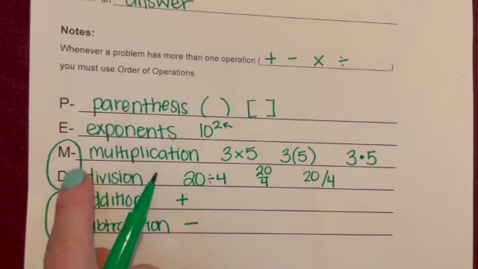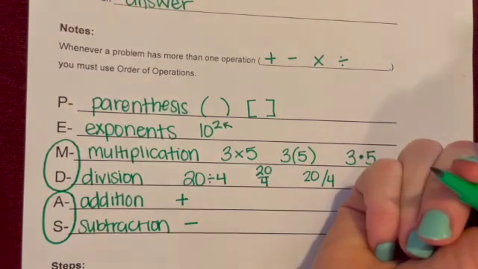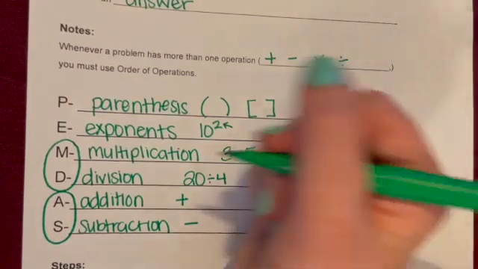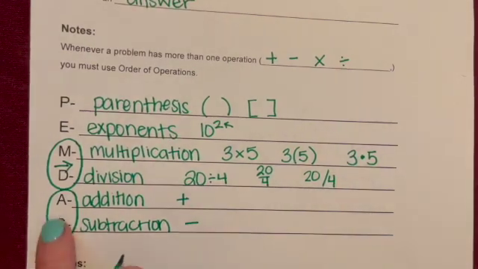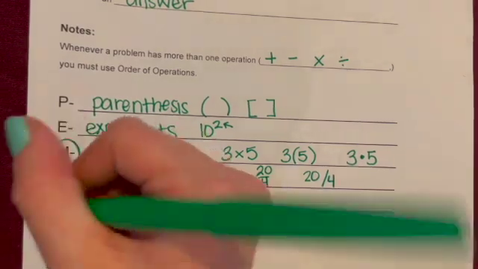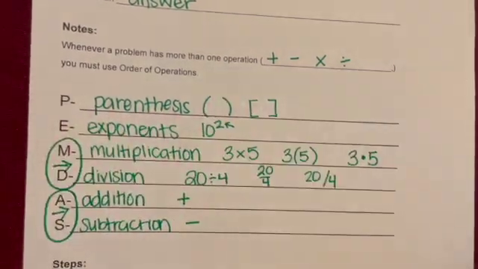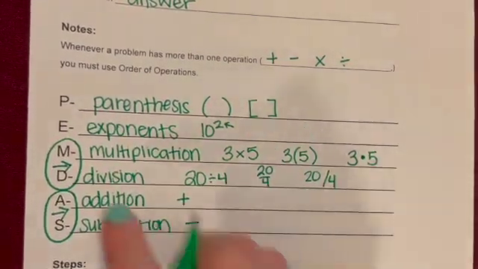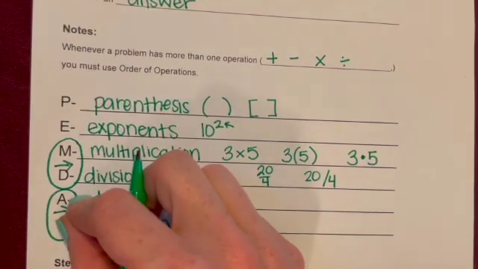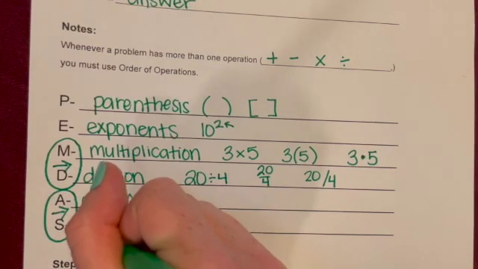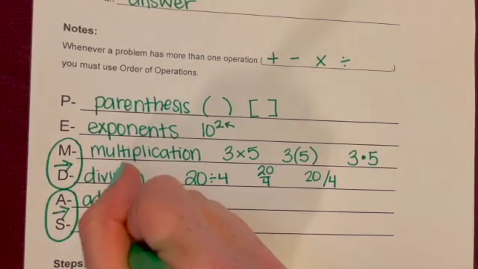These two go together. So whenever you come across a multiplication and division sign, you go from left to right. Same for addition. Whenever you come across an addition sign or a subtraction sign, you go left to right. Okay, again, multiplication and division are a team, addition and subtraction are a team. So the team works together to go left to right.